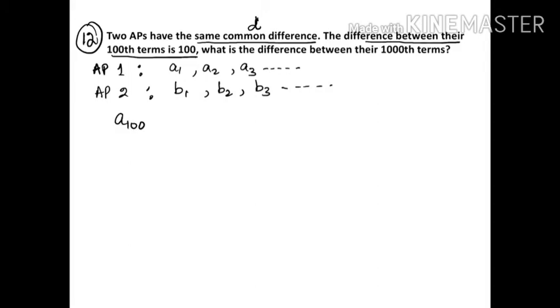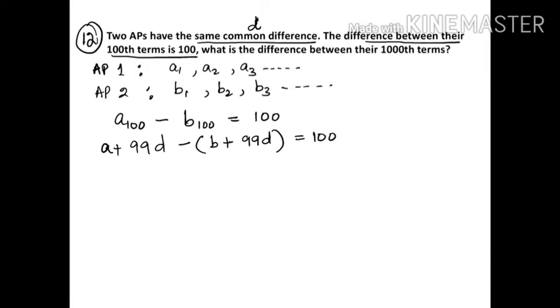So A100 will be the 100th term of first AP minus B100 will be the 100th term of the second AP. The difference between them is equal to 100. 100th term is written as A plus 99D minus B100th term will be written as B plus 99D equal to 100.